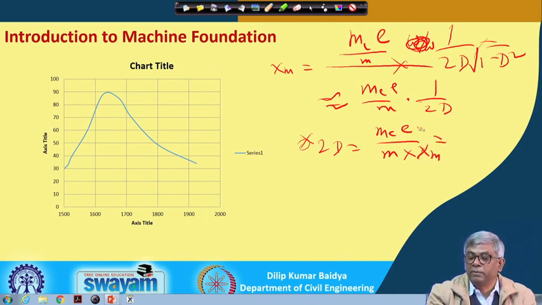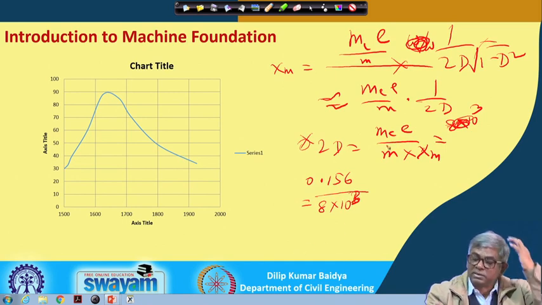Here 8 kilonewton is converted into Newton, sorry, this is not 8 kilonewton, m into e is 0.156, which is in Newton. So here 8 into 10 to the power 3.